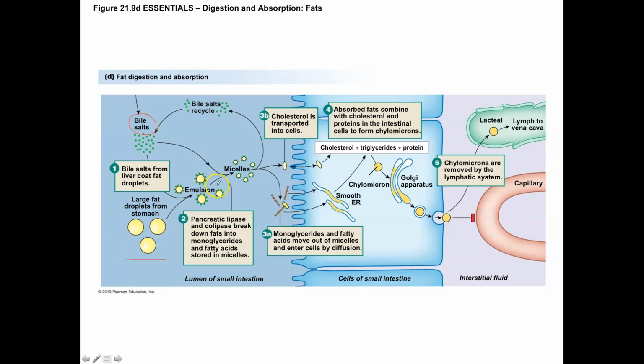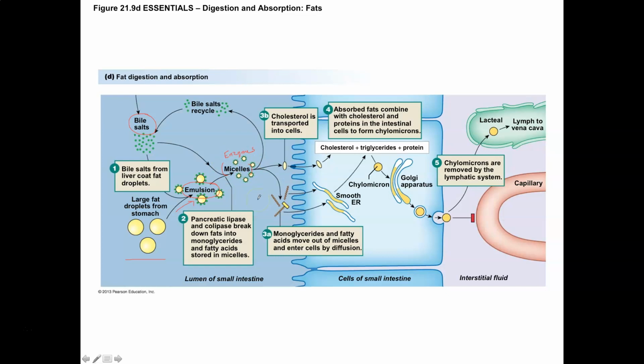And so now we have the emulsification process. So we take the big fat droplets and we make the smaller fat droplets. And then we start to see the enzymatic activity. So the enzymes have gotten involved. We have our pancreatic lipase, our colipase, our phospholipase, our cholesterol esterase. All these enzymes are getting involved, and this is where we get these micelle structures.